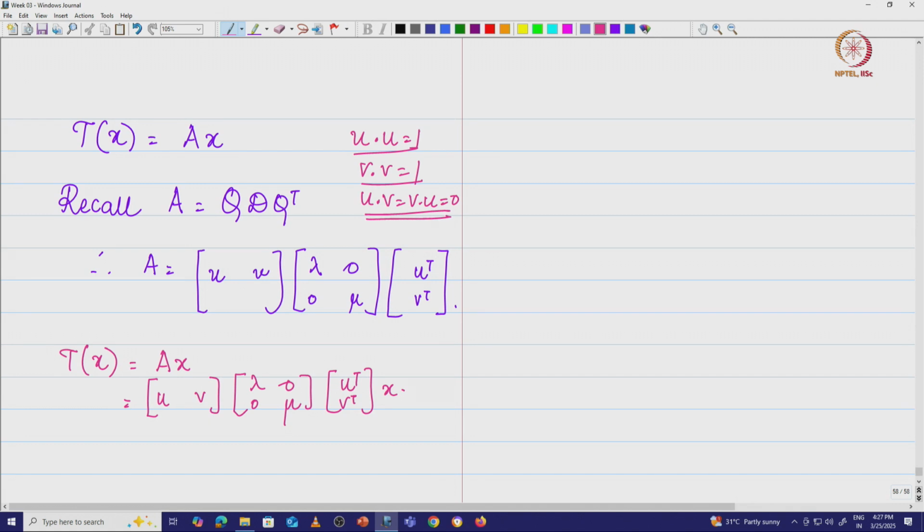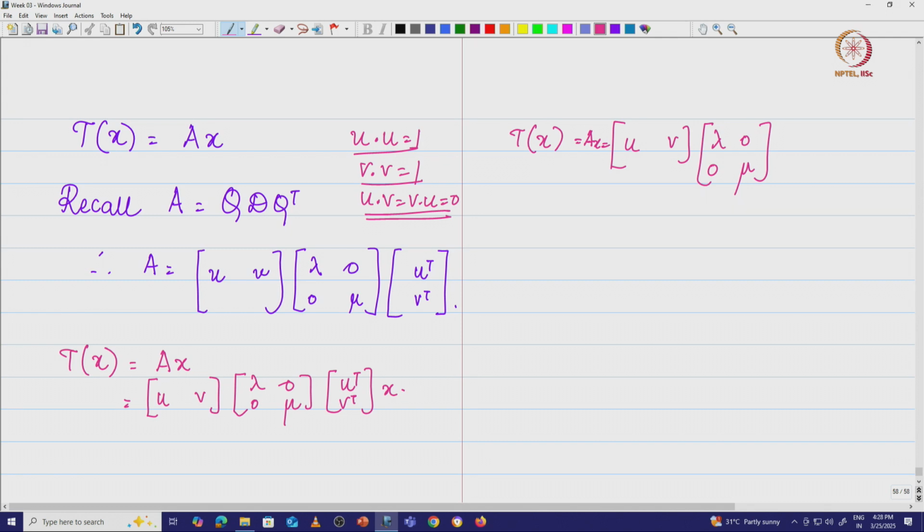So what do I have here? I have T of x. T of x is basically the following: u v and lambda 0 0 mu, and what do we have here? T of x is basically Ax, which is equal to this.